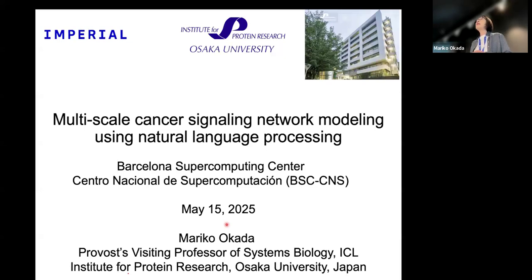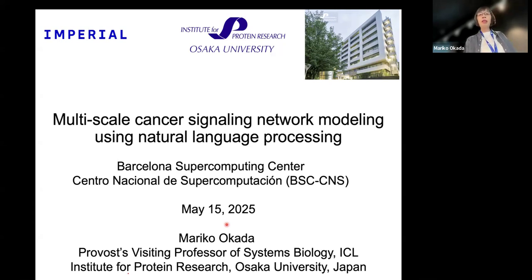We say it's a lot of data, but it's not a lot of data for computer science. And prediction is very difficult using only experimental data. So I started to develop mathematical models to understand the mechanism of the signal network, which is very important for human diseases, particularly cancer.